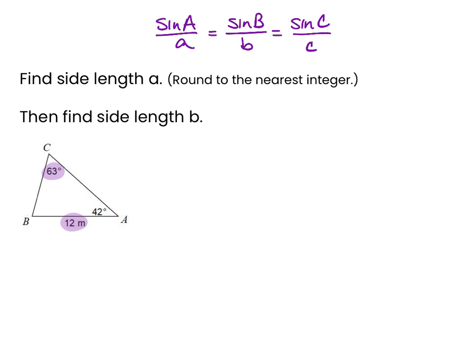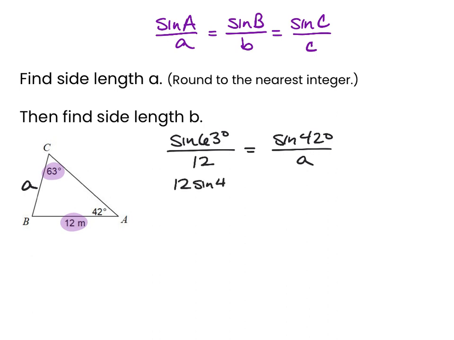So if I were to set the first one up to find side length A, we would do the sine of 63 degrees divided by 12 should be equal to the sine of 42 degrees divided by side length A. Well, that's a proportion we can solve. We would cross multiply: 12 times the sine of 42 degrees equal to A times the sine of 63 degrees.